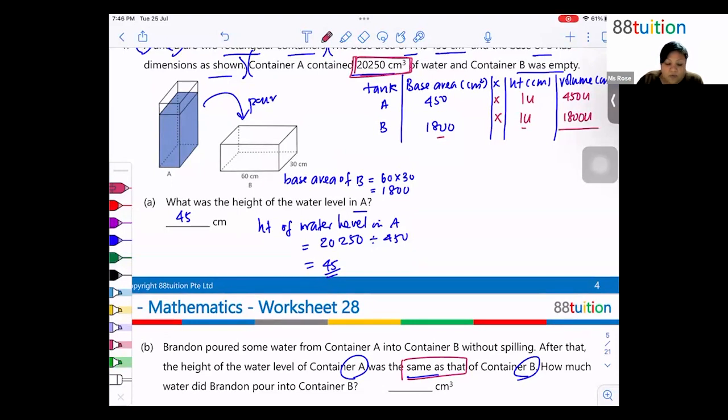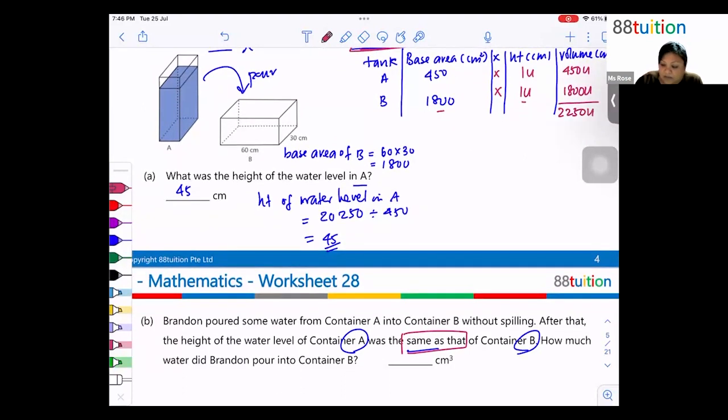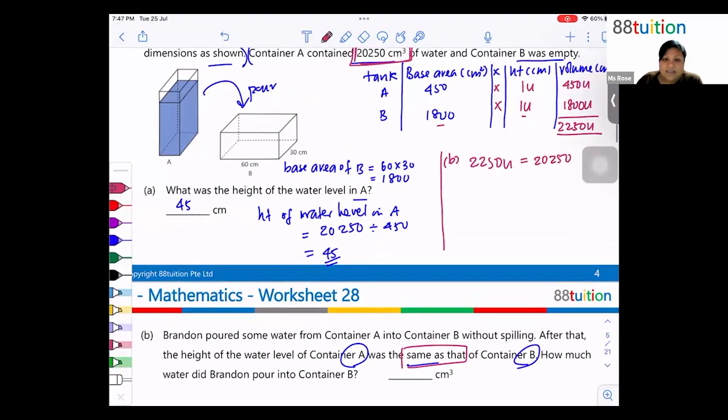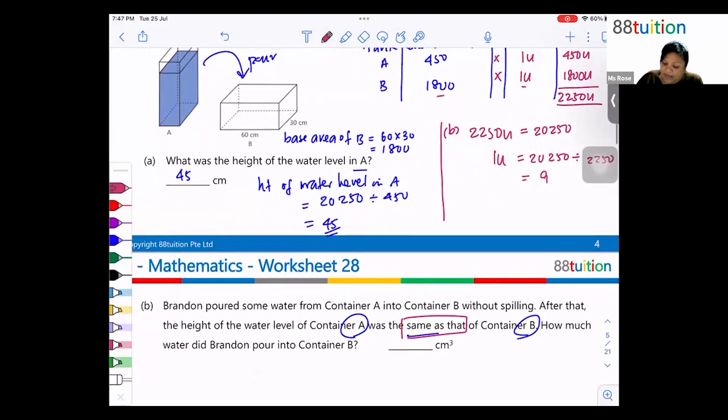So the total that I have here is 2,250 units. This must be equal to the total volume of water that was in tank A. From here, I can find the height. In this case, the height will be 9 cm.